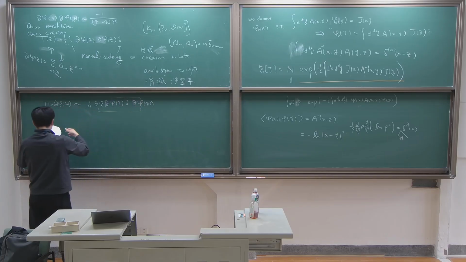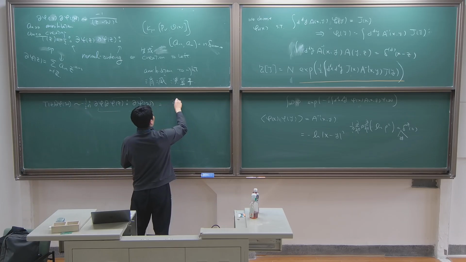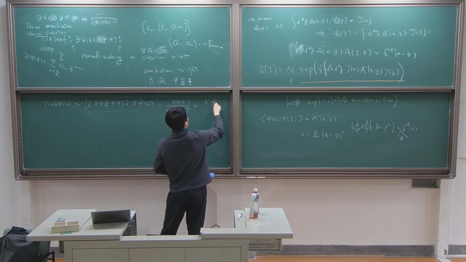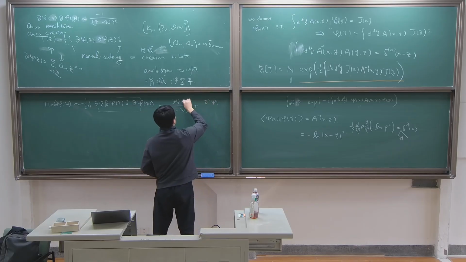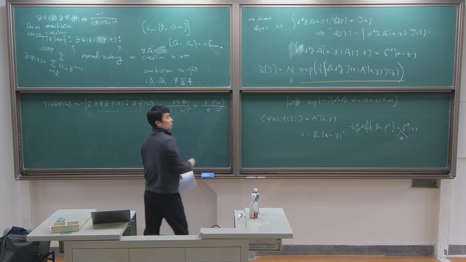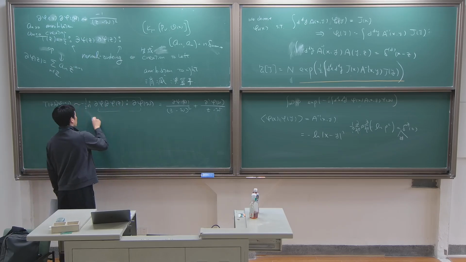And I think I need to multiply some factor here. And then what you really get is del phi of W over Z minus W squared plus del square phi of W over Z minus W. So that's what we obtained. This is the operator product expansion.